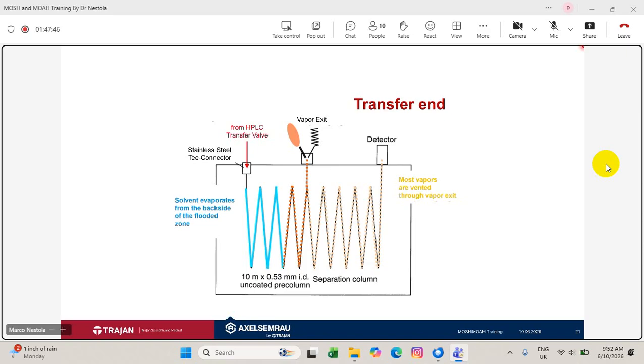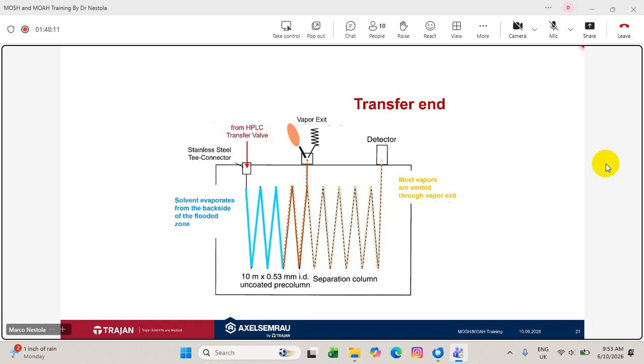We still have our solvent vapor exit open, and we have an amount of liquid inside the column. The column is still long enough that there is still open space. So as you can see, we have now flooded about, I don't know, 60%, 70% of our column, but we still have an unflooded area here.